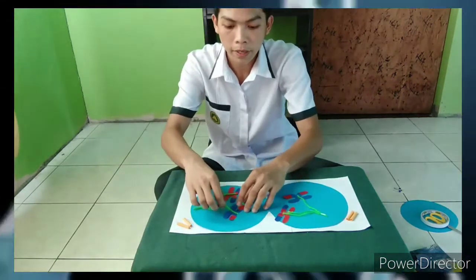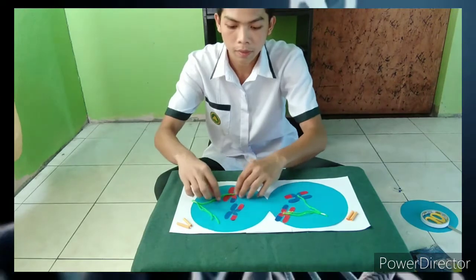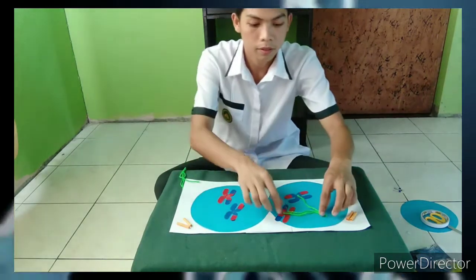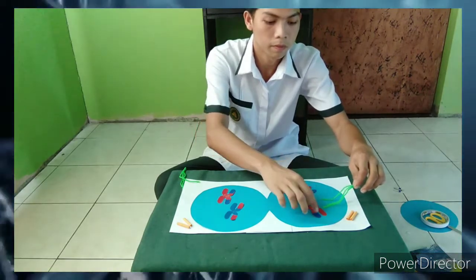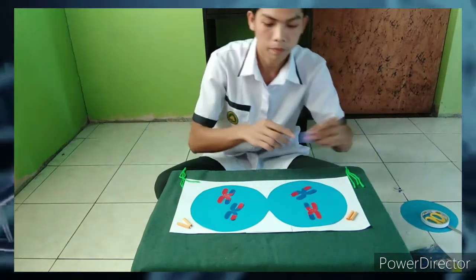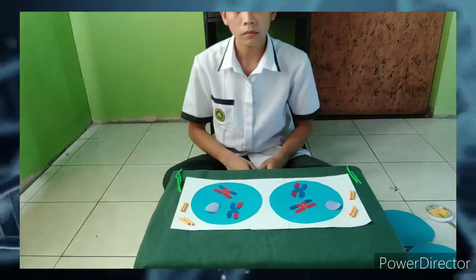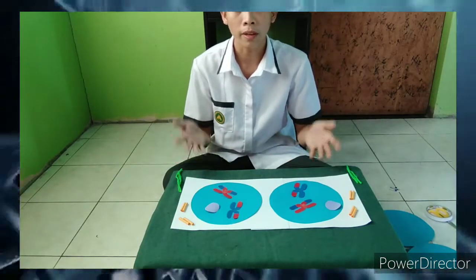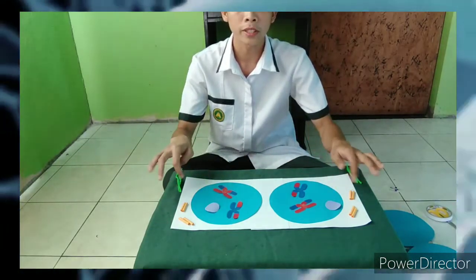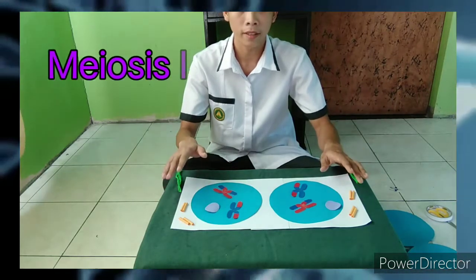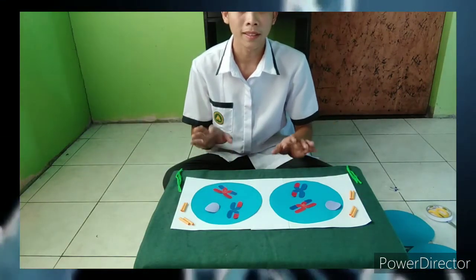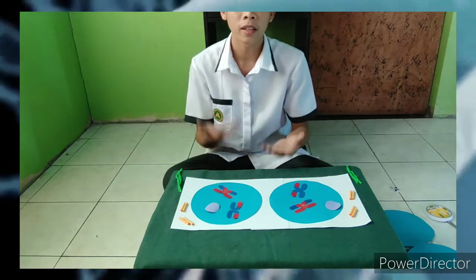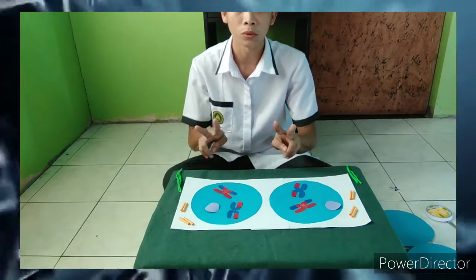The spindle fibers now will disappear. Each nucleus now is haploid. The centrosome or centrioles are duplicated and that ends the process of telophase. This is now ready to enter the next stage, meiosis 2.